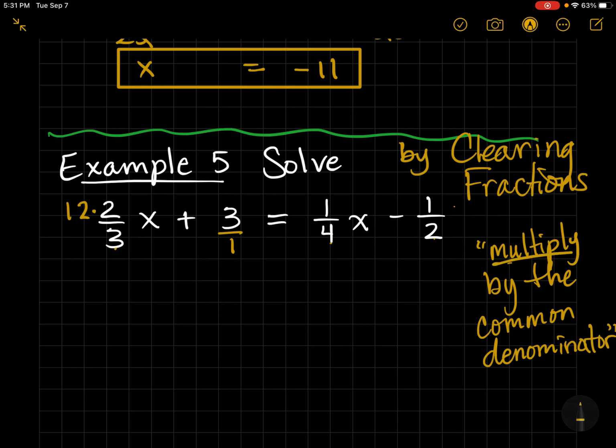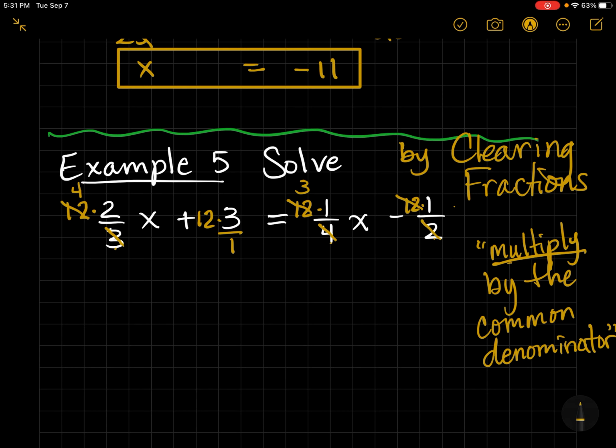So notice I'm multiplying every term by 12. Every term. And I kind of like to put it in the numerator in front of the fraction. It just works good for me. And now, look, 3 goes into 12 4 times. 4 goes into 12 3 times.